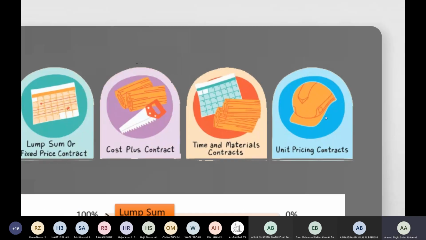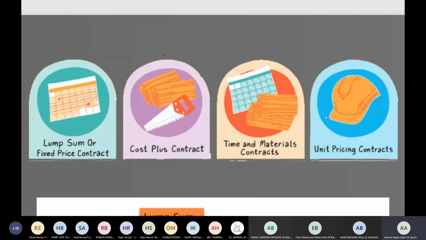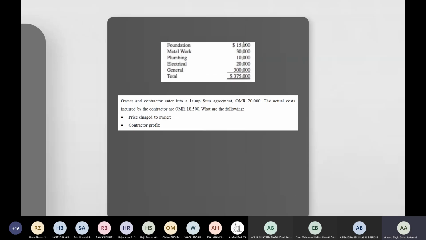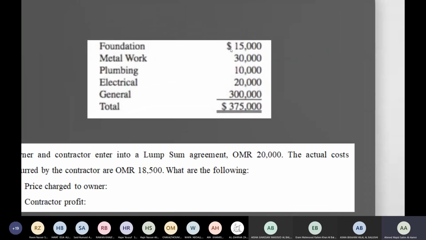Now the first method, we said we have lump sum or fixed price. We call it lump sum or fixed price contract. Then cost plus contracts, and the other two methods. The first method that we are going to tackle is called fixed price or lump sum. We call it lump sum because we are summing the values, adding the values to each other.